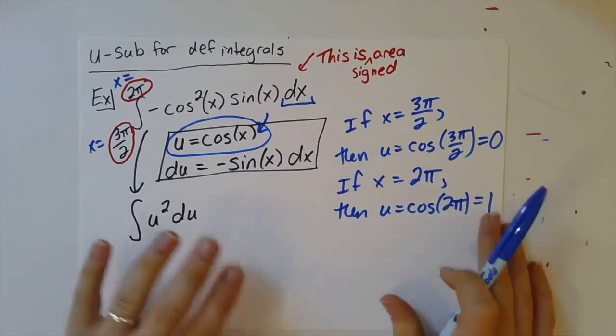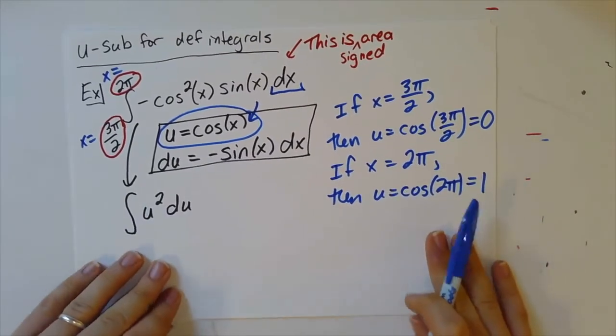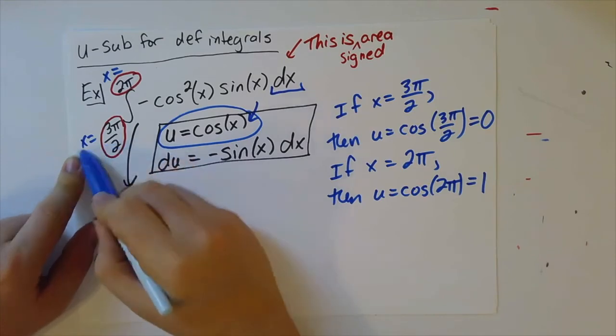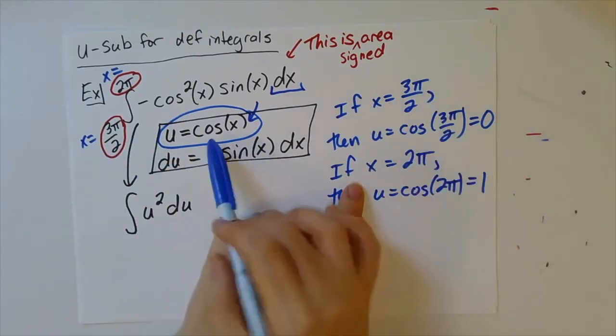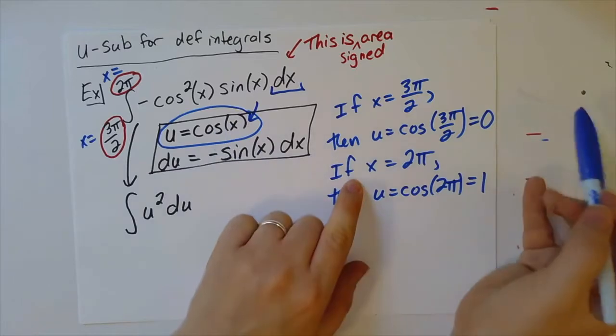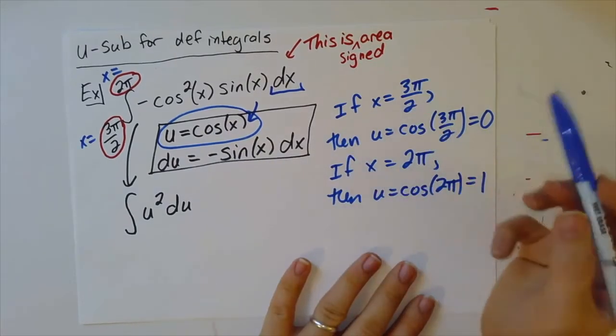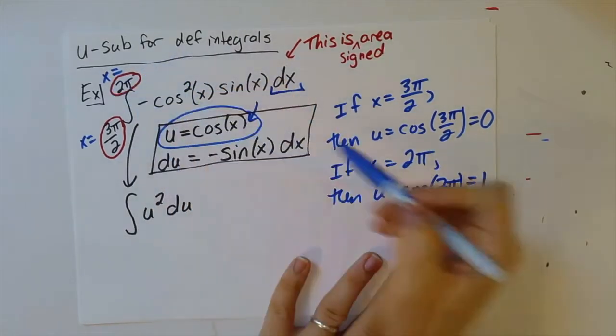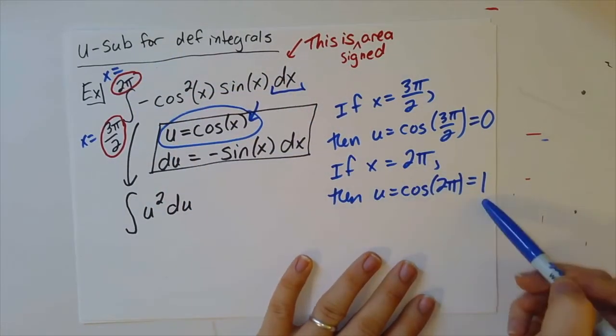So to repeat, all I did here was translate the number x equals 3 pi over 2 from x language to u language by using this identity. So x equals 3 pi over 2 corresponds to u equals 0, and likewise x equals 2 pi becomes u equals 1.